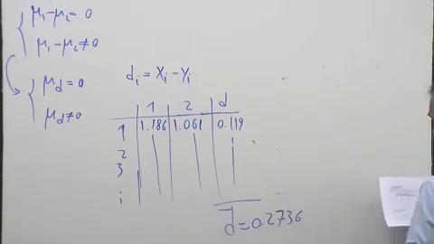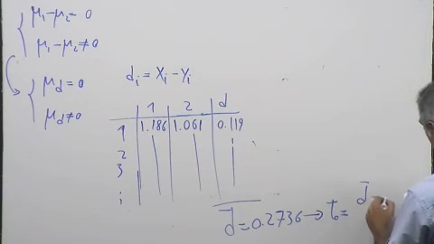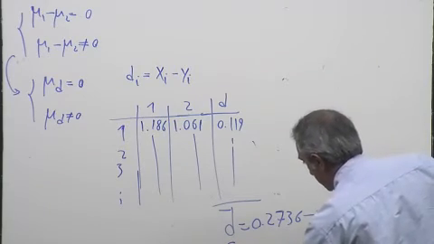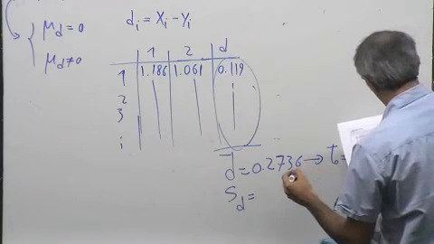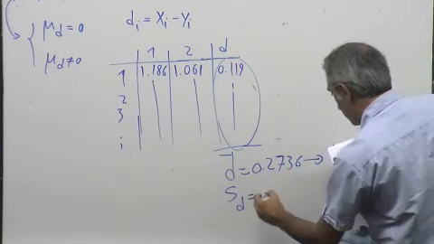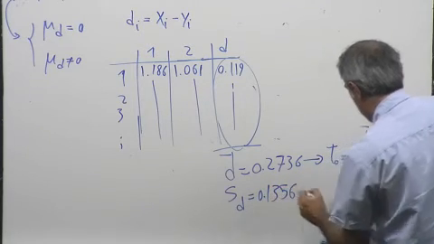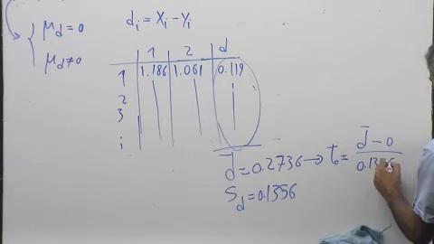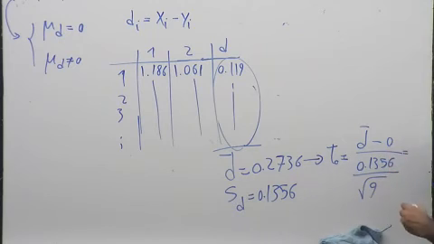And we need to find t0, which is d bar minus 0 divided by s_d over square root of n. The standard deviation of these numbers, again, is 0.1356. So 0.2736 divided by 0.1356 over square root of 9. That gives me 6.05.